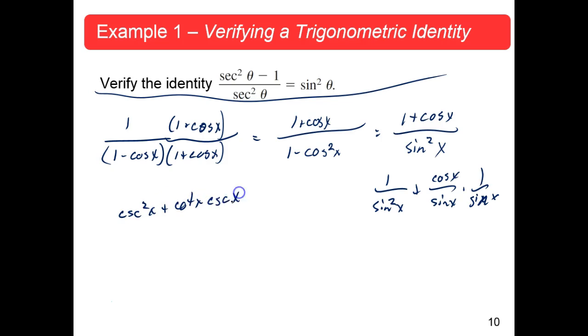And then they make the almost ridiculous sounding statement that this is a simplified form of that. I say, you've got to be kidding me. That looks more complicated than that. It's got squares in it, it's got cofunctions in it, it's got all sorts of things. But what they mean is, this one has a denominator, that one doesn't. So that's why they say that's simpler. You can argue with that if you want to.